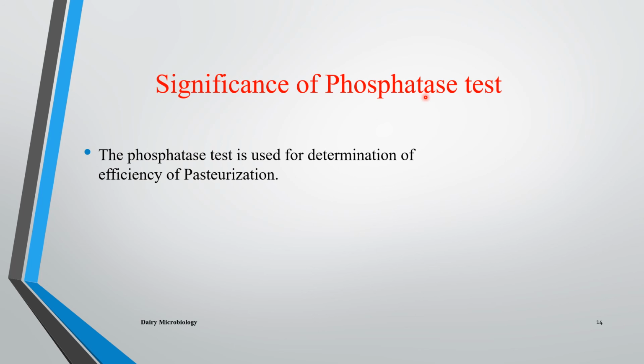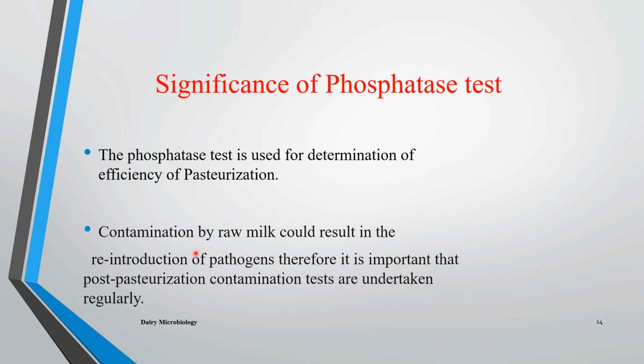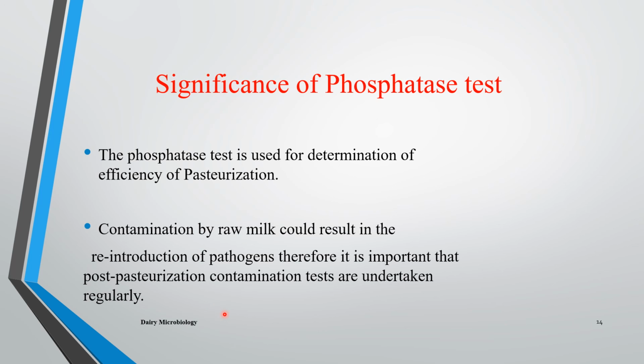Significance of phosphatase test. The phosphatase test is used for the determination of efficiency of pasteurization. The contamination of that pasteurized milk by raw milk could result in reintroduction of pathogen.